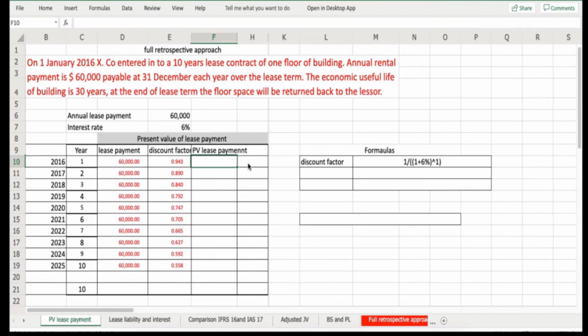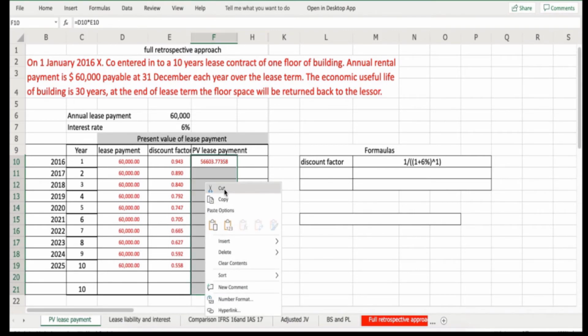Now we need to compute the present value of lease payment. The present value of lease payment equals the lease payment multiplied by the discount factor. It gives us some amount.